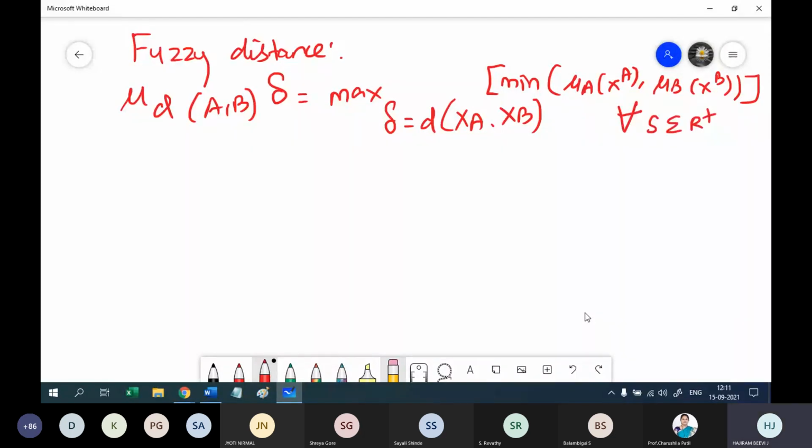This is the formula for finding the fuzzy distance. Here del is the difference between the corresponding generic values of two fuzzy sets for a generic variable.